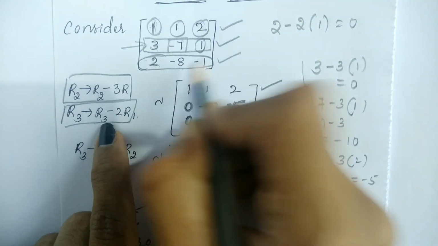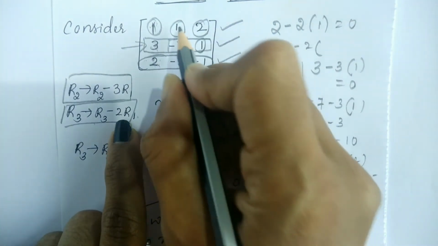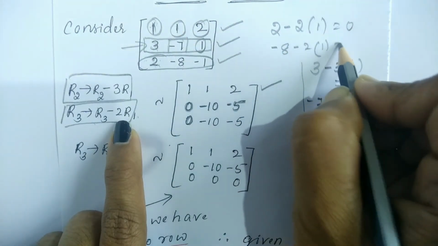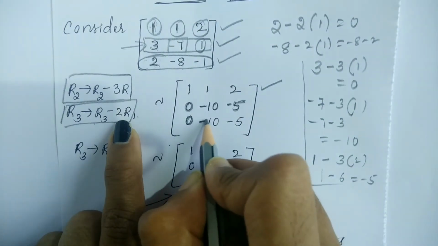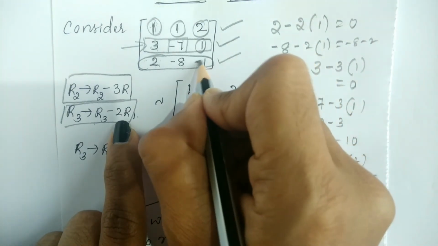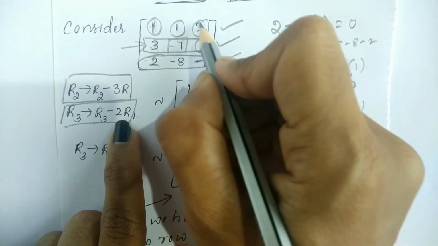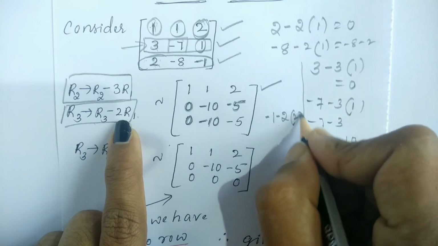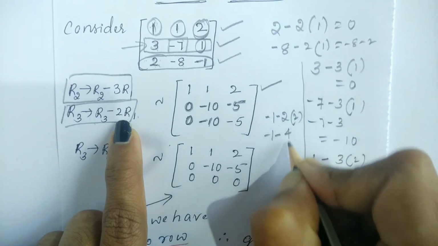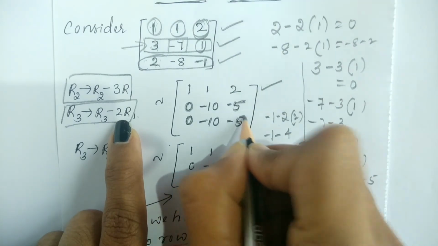Next, R3 is -8 minus 2 into R1, which is 1. So -8 minus 2, -10. Next R3 element is -1 minus 2 into R1, which is 2. So -1 minus 2 twos are 4, that is -5. So here -5. Is it okay?